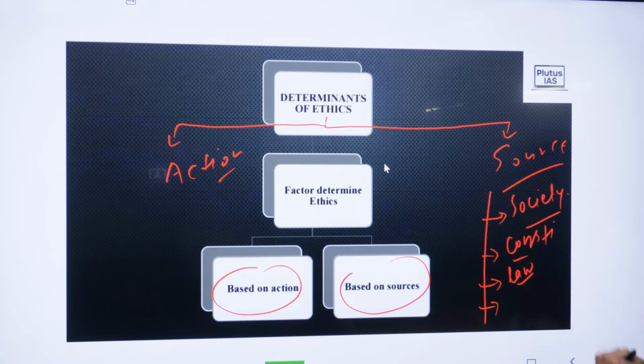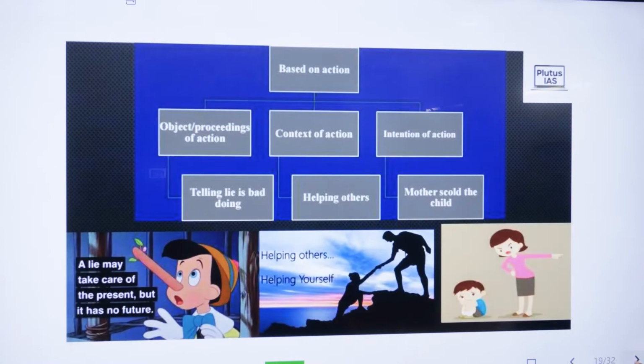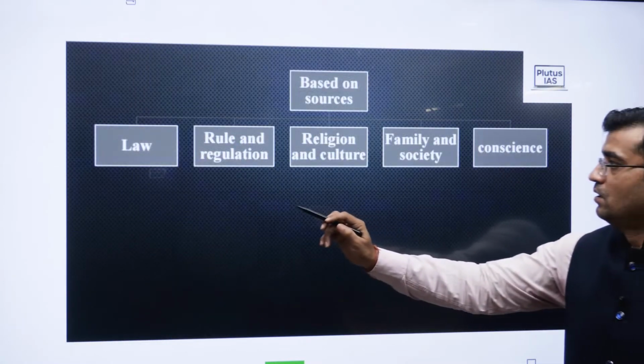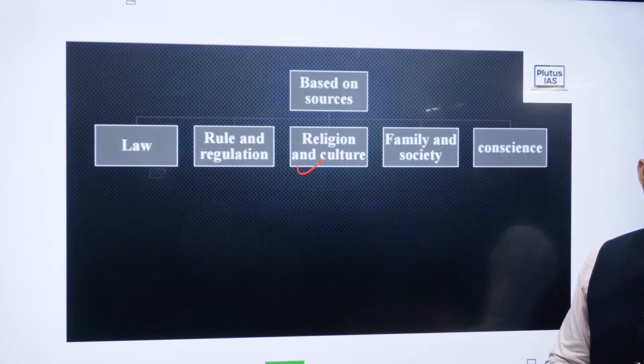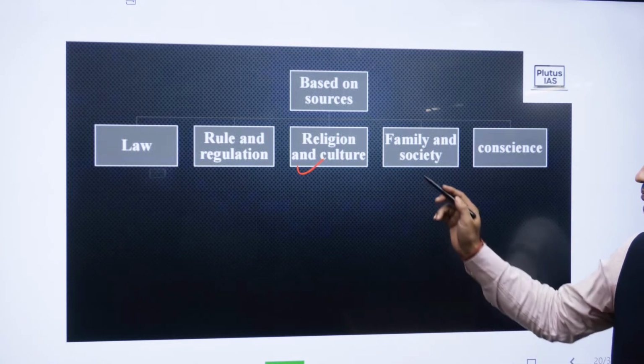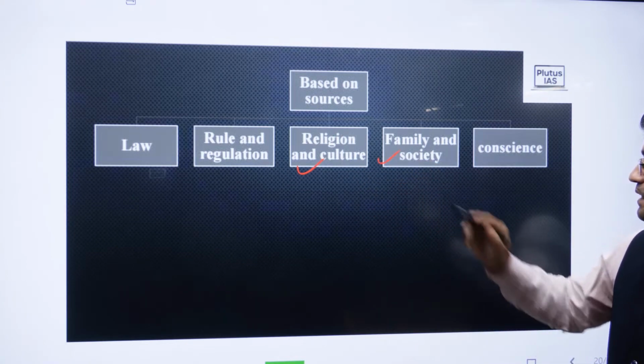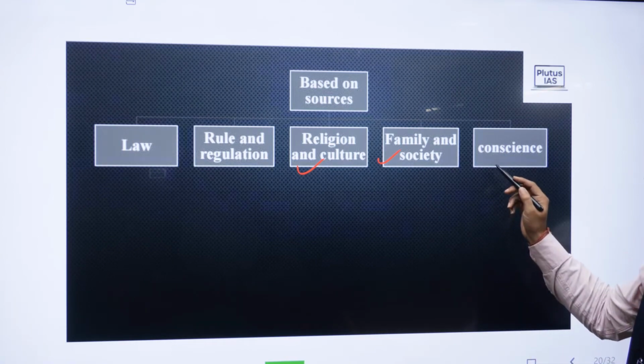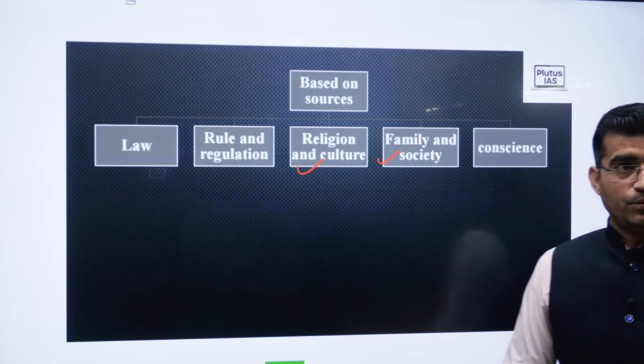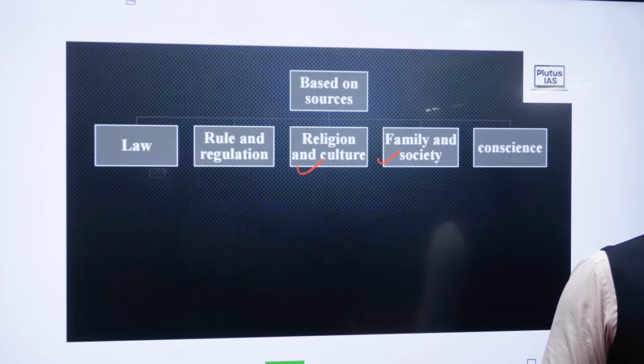Constitution, society, law, and again we can take from here religion, family and society, and last one, conscience.